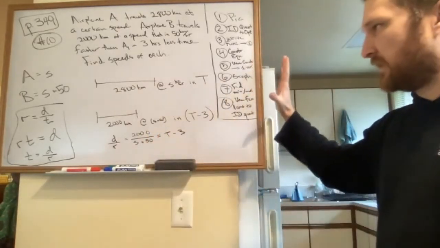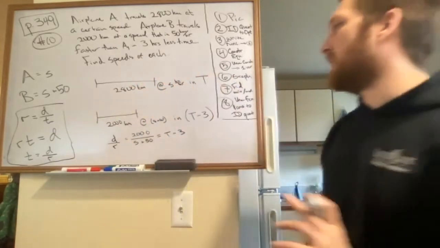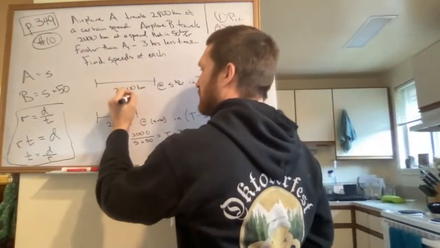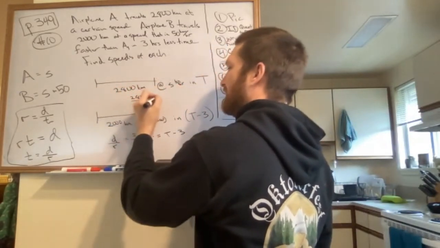Here we have a distance and a rate equals a time. So distance 2,800 over the rate, which is S, is equal to T.